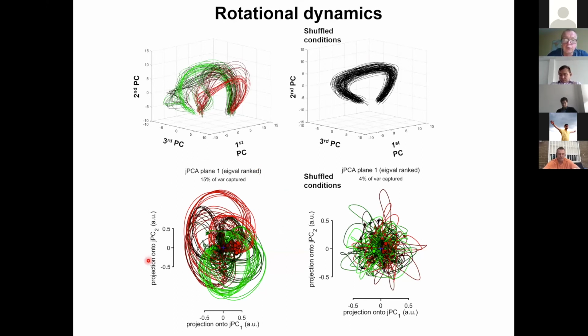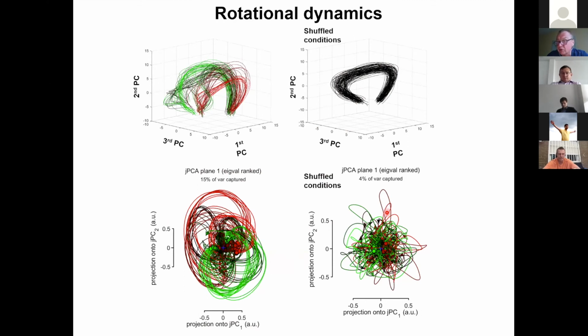If you do this analysis, then you get these rotations. Then I shuffled conditions like here, but then all rotations disappeared in jPCA.